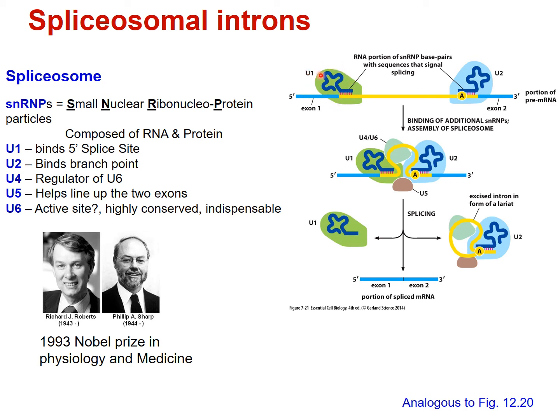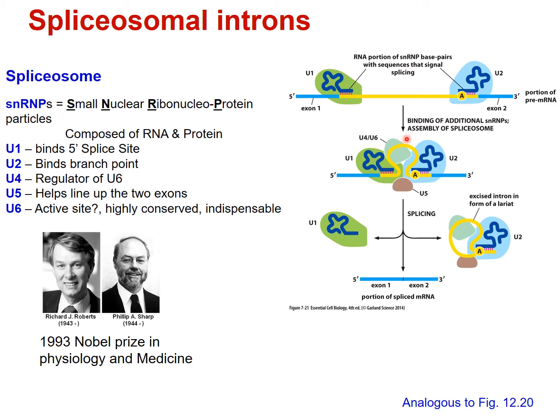Now this U1 snRNP recognizes the 5' splice site, so it can form hydrogen bonds and recognize the sequences that are here. U2 snRNP can recognize the branch point. U4 and U6 are involved in catalysis, and U5 helps to line up the 2 exons. Right?